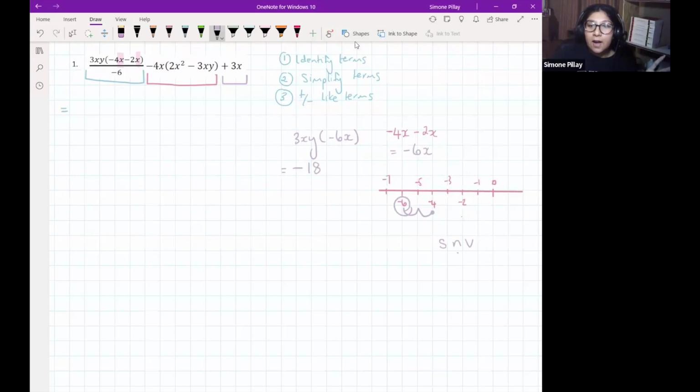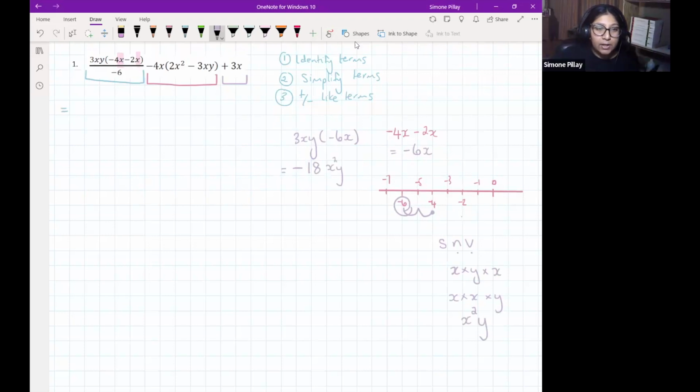And if I multiply my variables, it's x times y times x, which is xy times x. I can group my x's. x times x is going to give me x squared, times y. I can just bring it down. And that is going to give me x squared y. So I hope you're seeing how I have simplified my numerator.